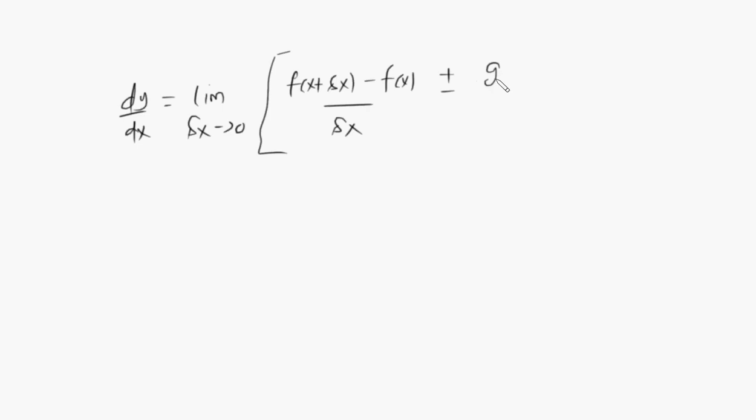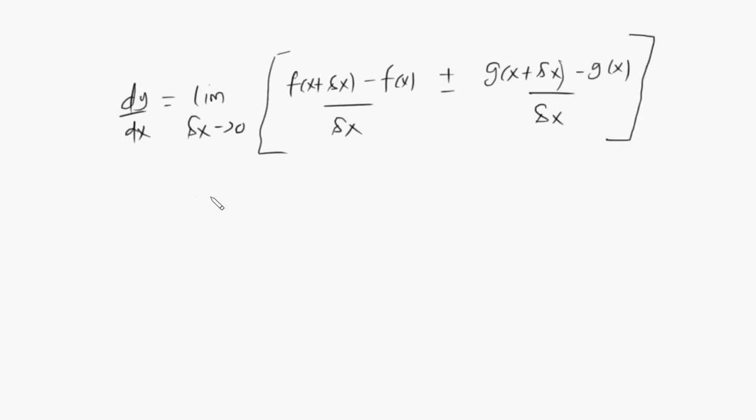So dy/dx according to fractions is just equal to the limiting value of f(x plus delta x) minus f(x) over delta x plus or minus g(x plus delta x) minus g(x) over delta x. So this is just according to fractions.